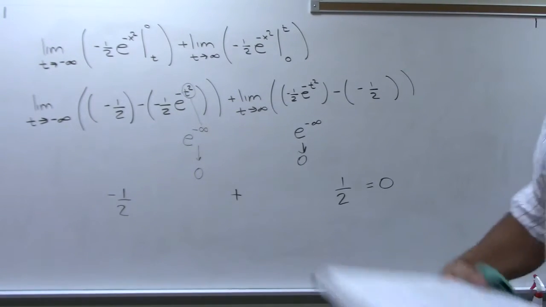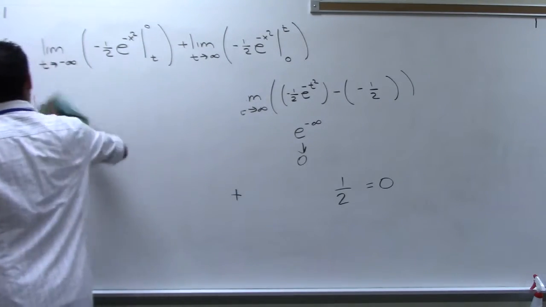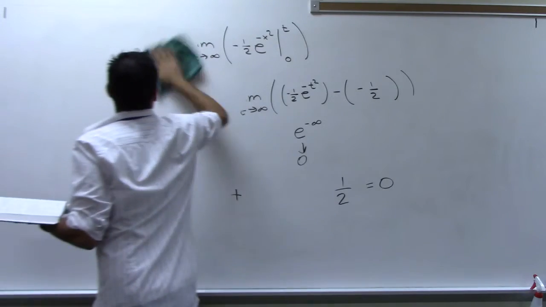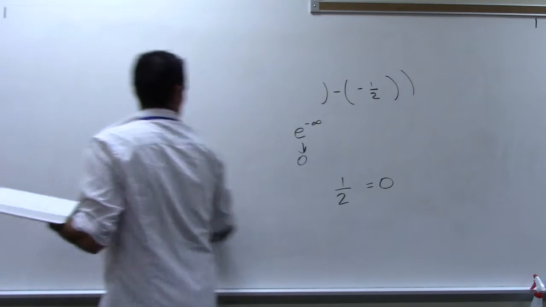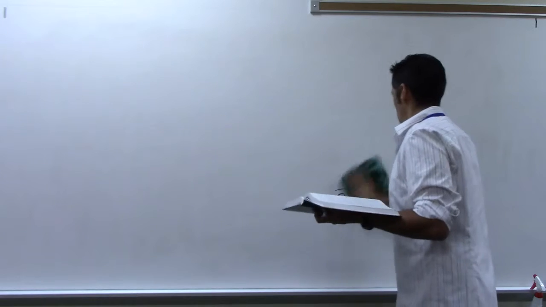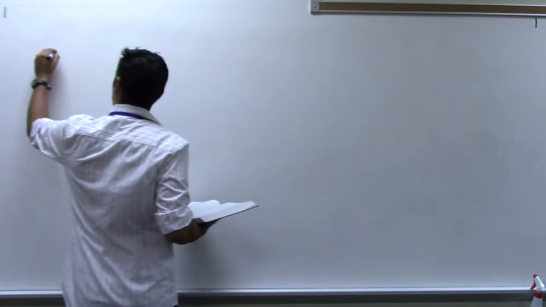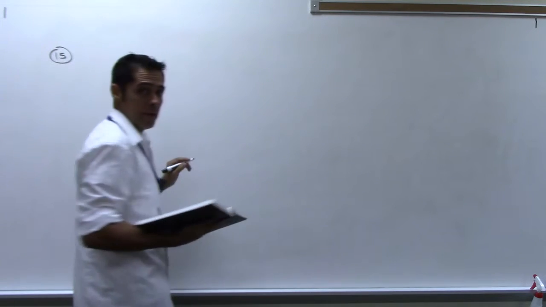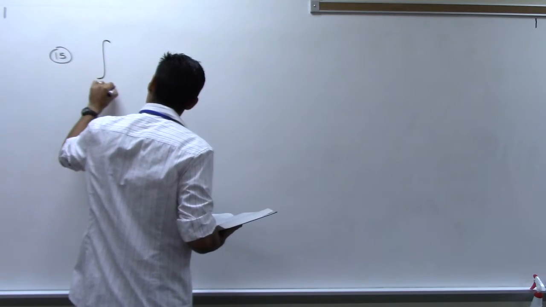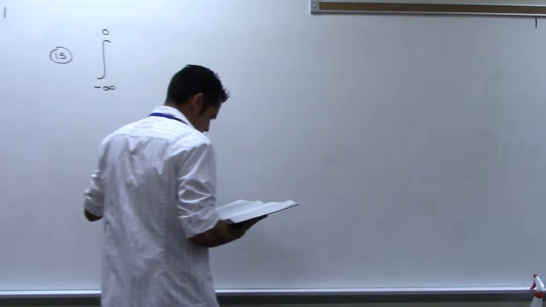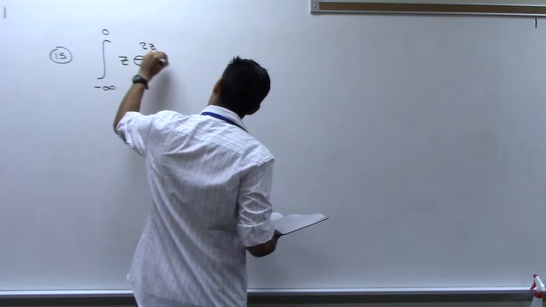All right, let's take a look at 15. Okay, for 15, we have the integral from negative infinity to 0 of z e to the 2z dz.